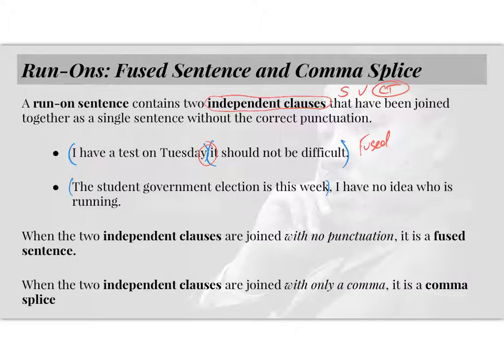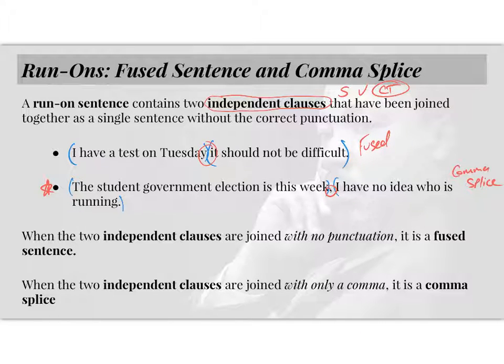Again, we have an independent clause right here, we have an independent clause right here, but a comma by itself is not enough to join two independent clauses. This one is a comma splice. This is the most common run-on sentence I see.